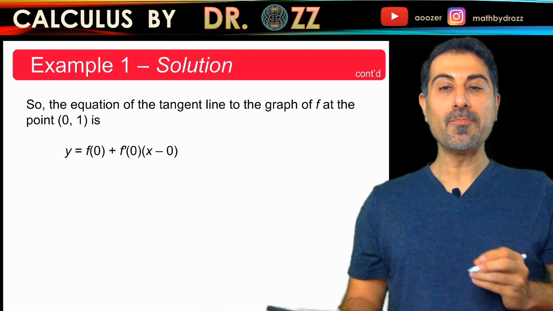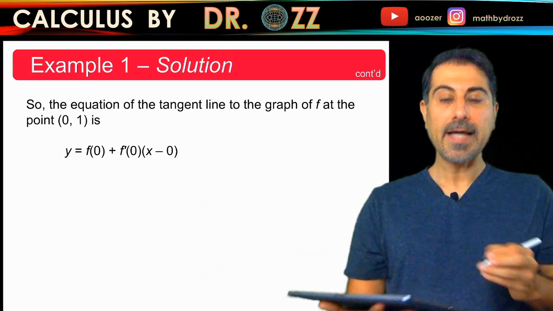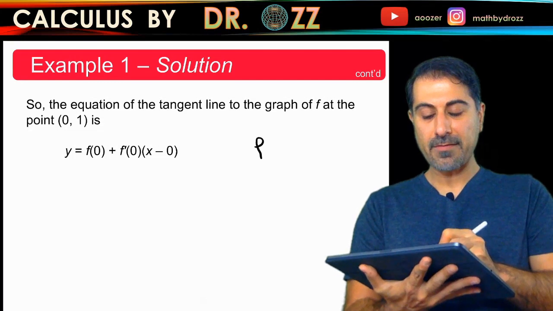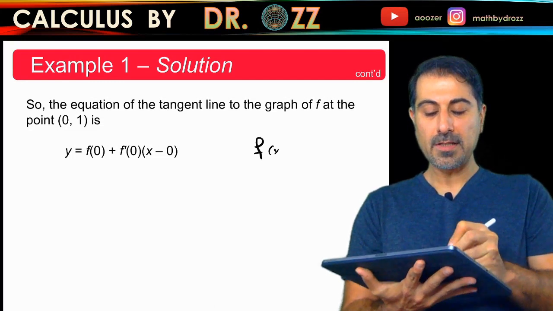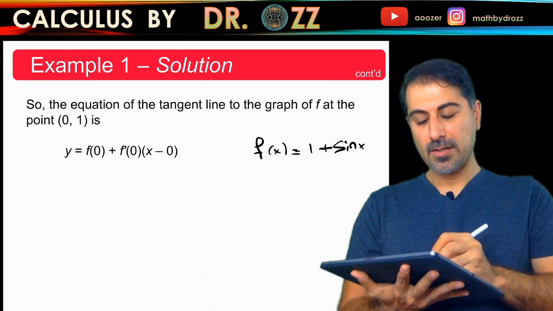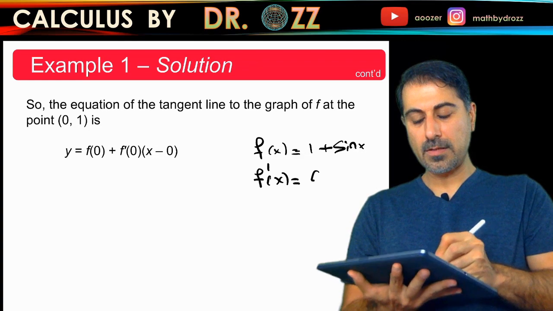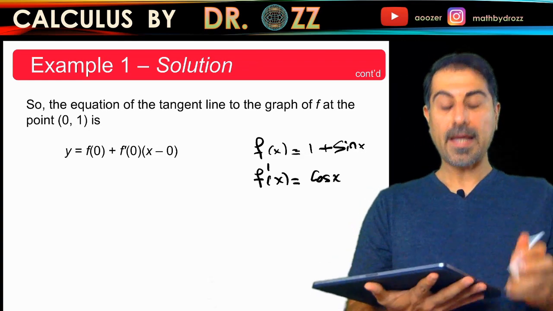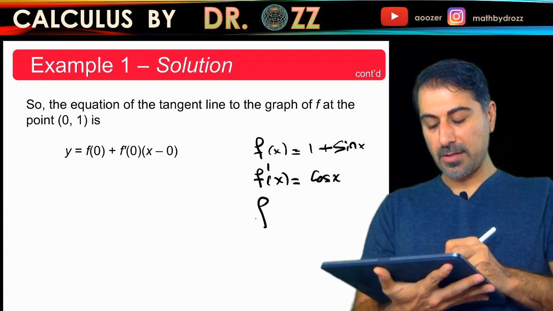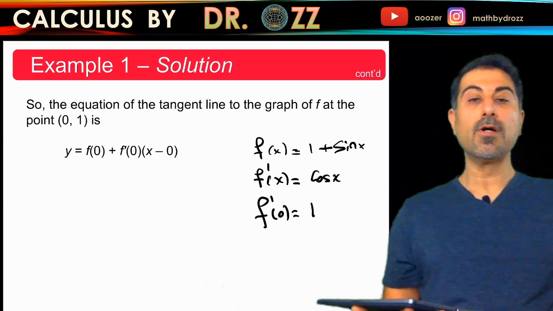This is the point slope form of the tangent line. All we're going to do is calculate f prime at 0. We have f of x equal to 1 plus sine x, so f prime of x is cosine x. And f prime evaluated at 0 gives cosine of 0, which is equal to 1.